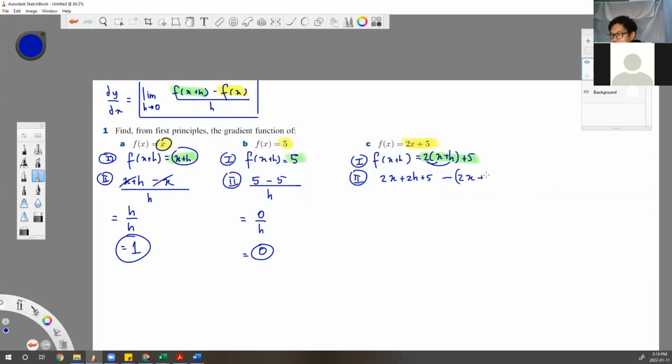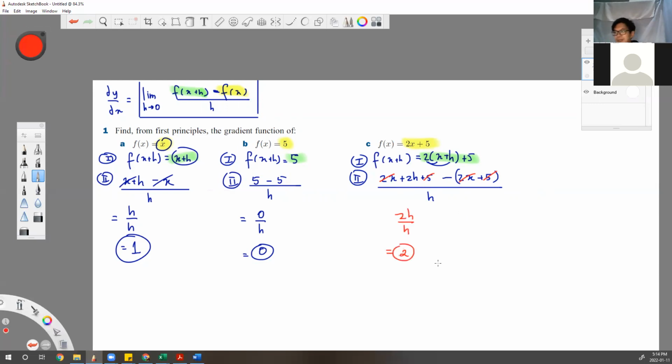You have to put the bracket for every subtraction, over h, right? So again, open the bracket. 2x minus 2x, you can cross it out, right? And then 5 minus 5 also cross out. The rest will be 2h over h. So the answer is 2.